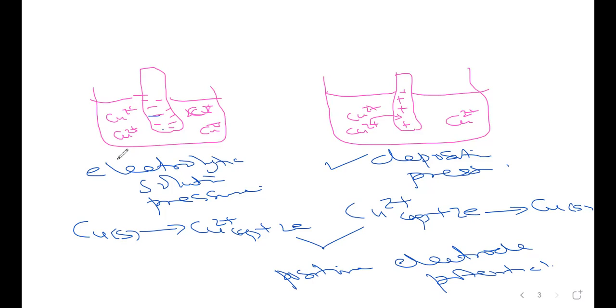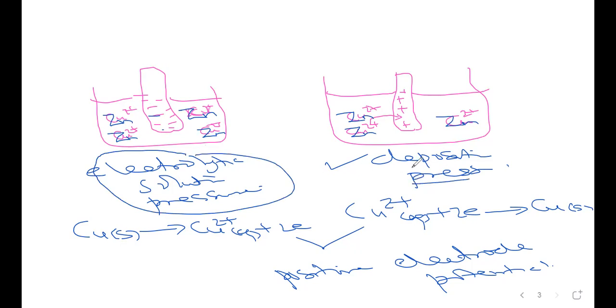For the zinc rod, it's the opposite. For the zinc rod, you will have it dissolving as well, or you may have the zinc ions picking up electrons from the metal, depositing zinc. However, for zinc, it has a greater tendency to dissolve than to get deposited.